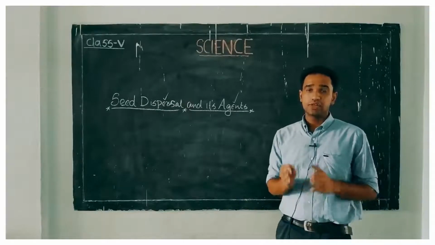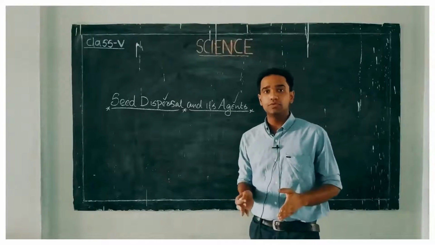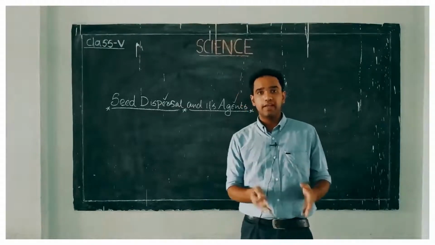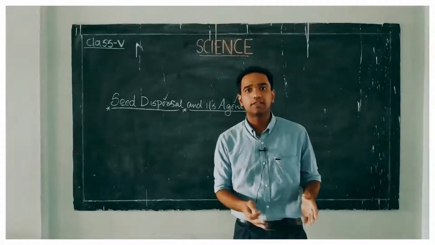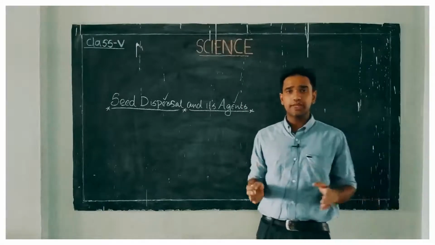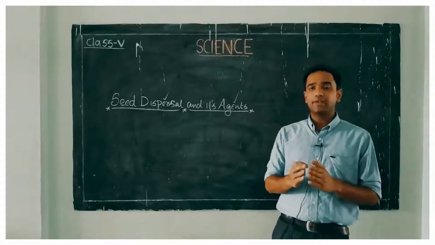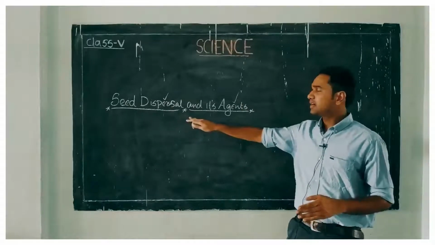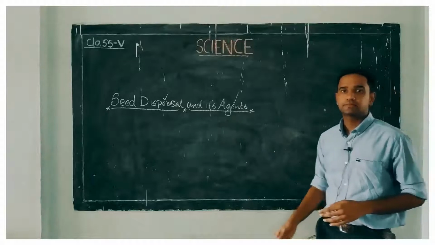Clear? Yes. So nature enables or allows the seeds to move over other places through various external agents like wind, water, animals, etc. So students, by gathering all this information, can you say what do you mean by seed dispersal and what are the agents of seed dispersal?